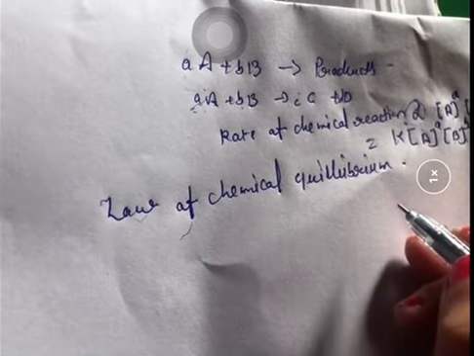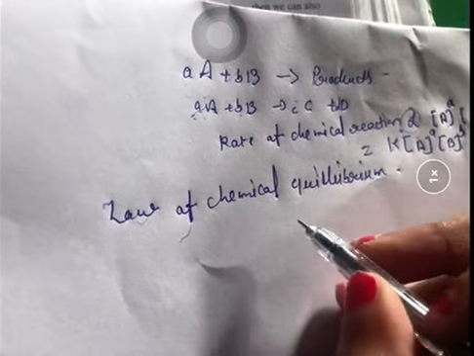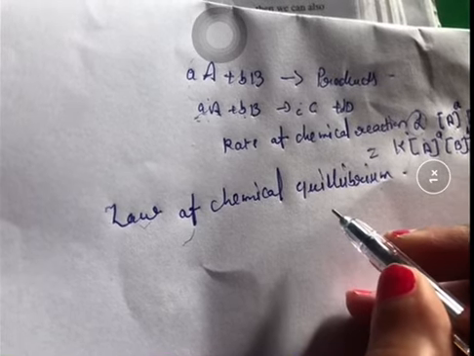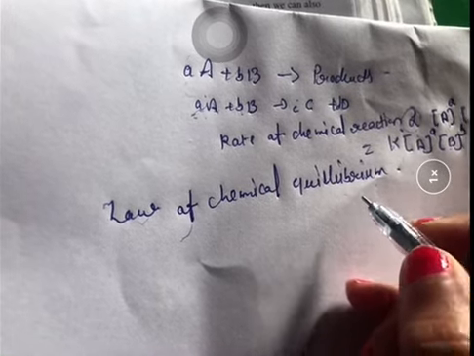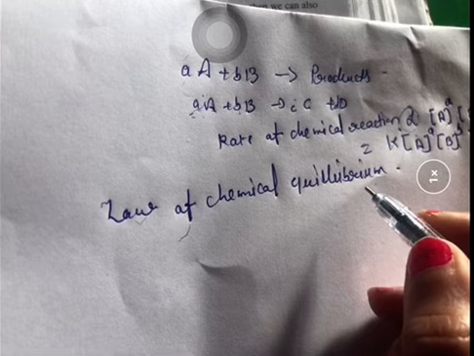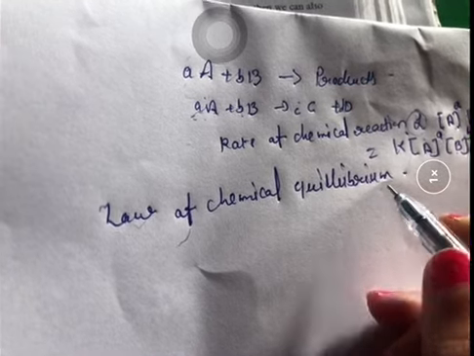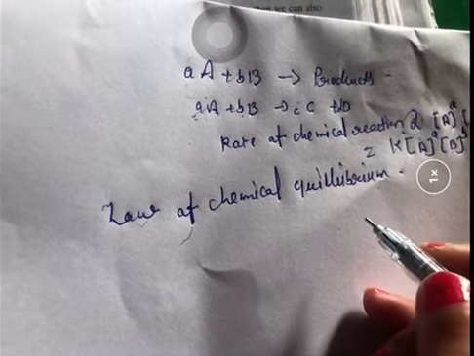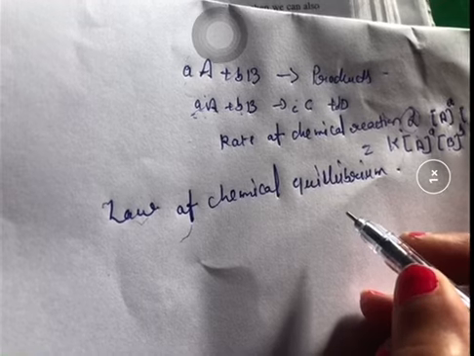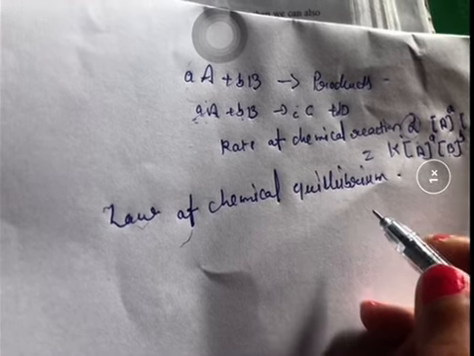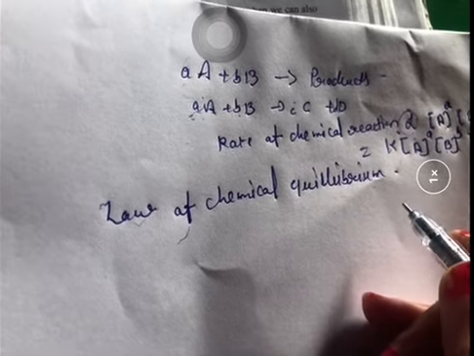Clear? Then the law of mass action is applicable to the individual single step reactions in this chemical equilibrium. The law of chemical equilibrium is the result of applying the law of mass action to both forward and backward reactions.